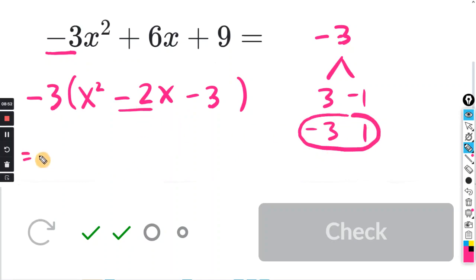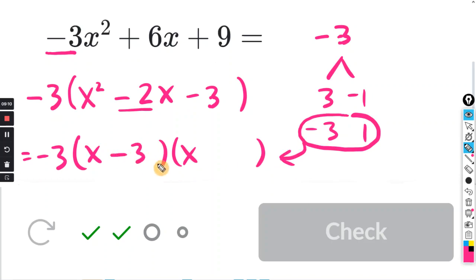All right, so we keep negative 3, and we're going to write two binomials in place of this trinomial. Since we have x squared, we're going to start with x times x, and we're going to use negative 3 and positive 1. And that right there is your final answer.